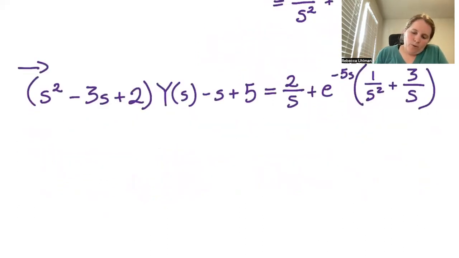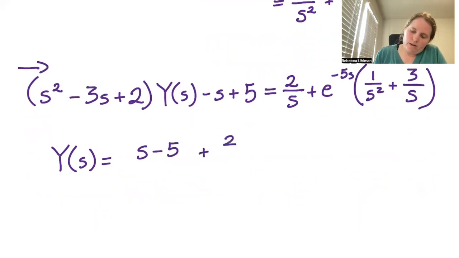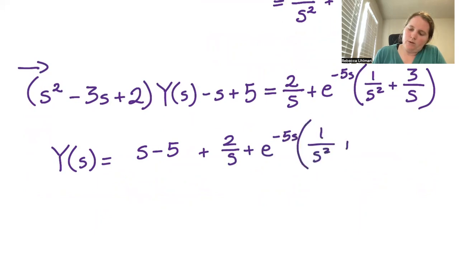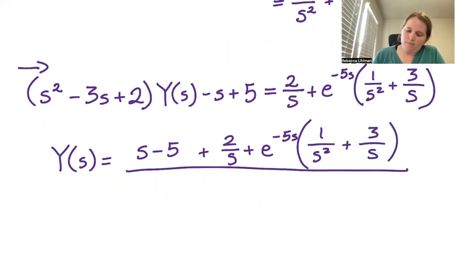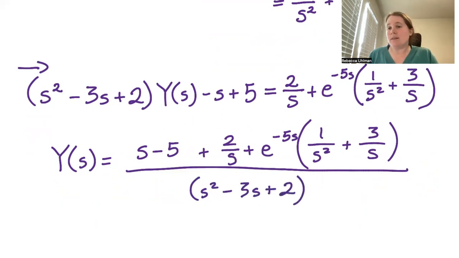So we have capital Y of s is equal to s minus 5 plus 2 over s plus e to the negative 5s times 1 over s squared plus 3 over s, all divided by s squared minus 3s plus 2. Now you can see our partial fractions come into play.